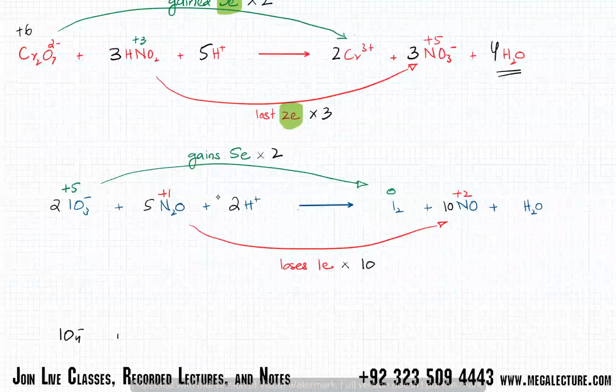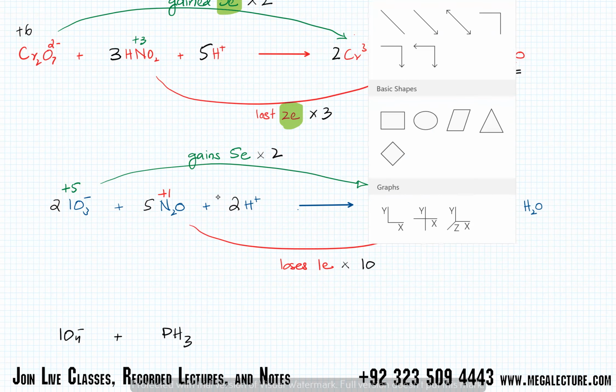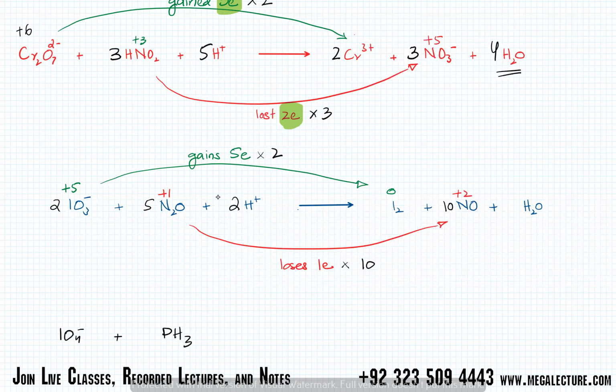IO4 -1, plus there is, I think, PH3. Sorry, one second. And the product is I -1 plus P4 plus H2O.